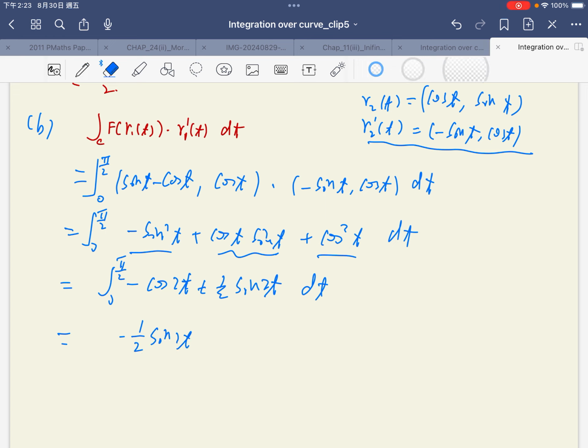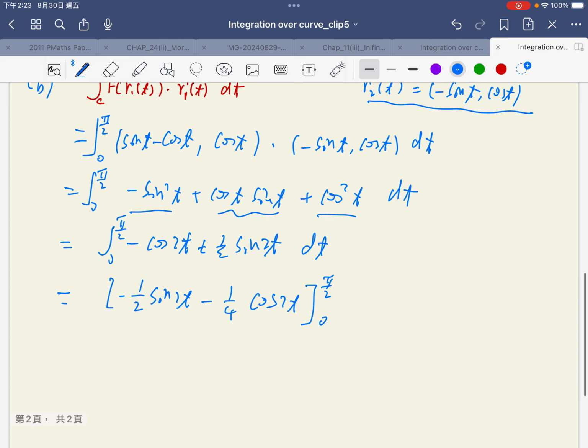So we have 1 over 2 sine 2t plus 1 over 4 cosine 2t. Put the two points into the function. The first one is 0 minus 1 over 4 cosine pi.